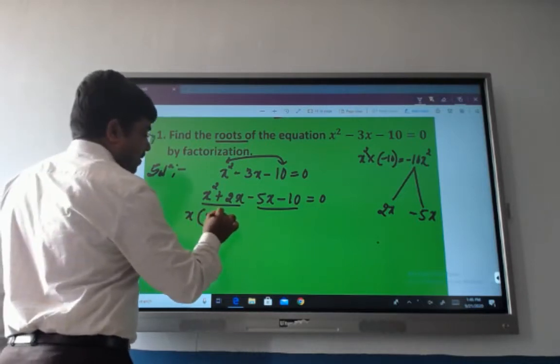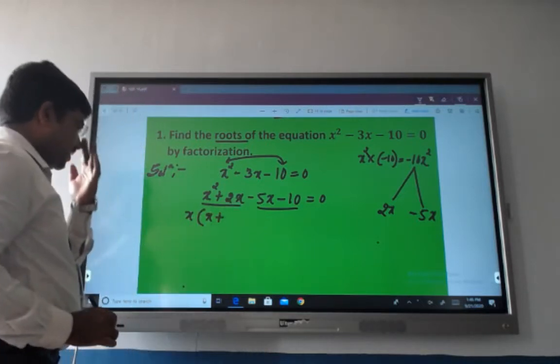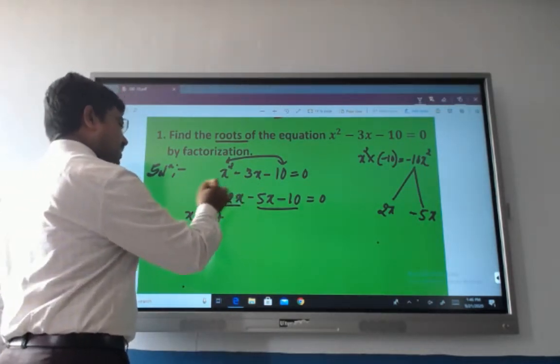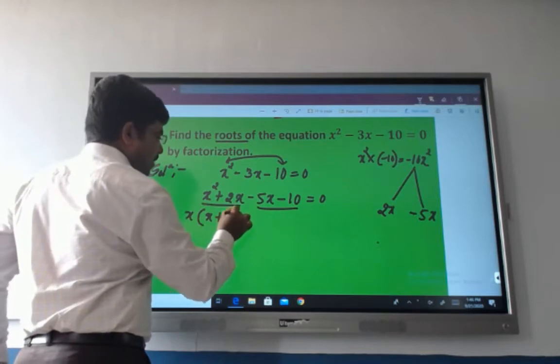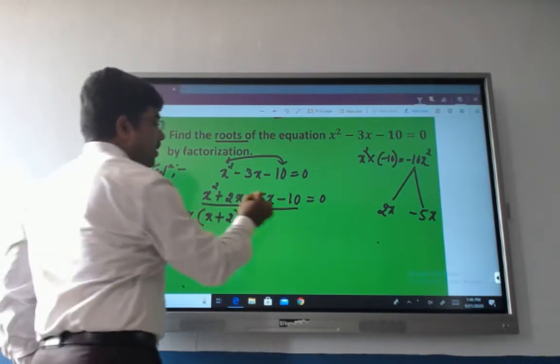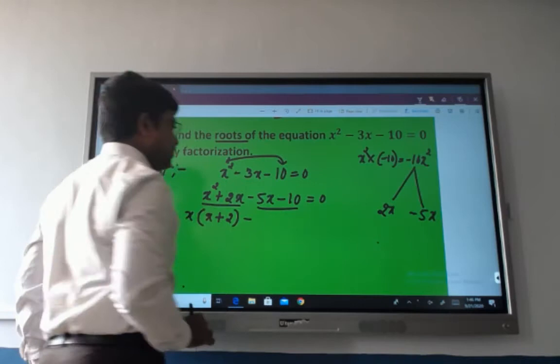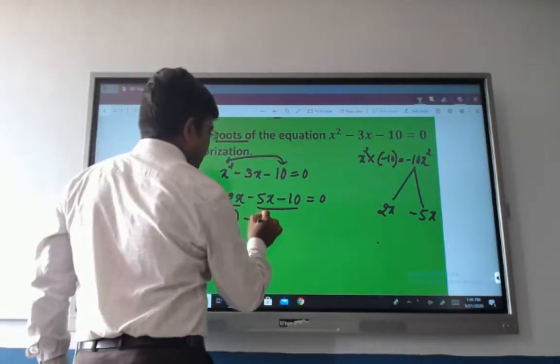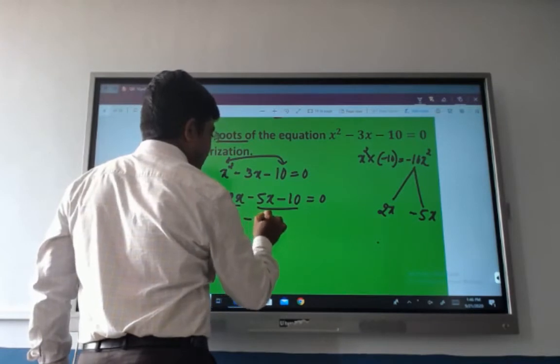Plus here 2x is there. So already taken x, so what is left here? 2 is left. Then in this group, minus 5 is common, so we'll take this minus 5 out.